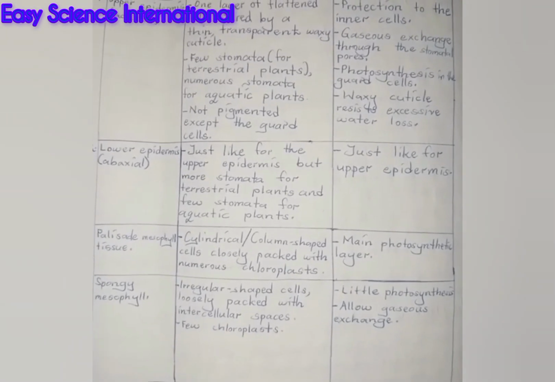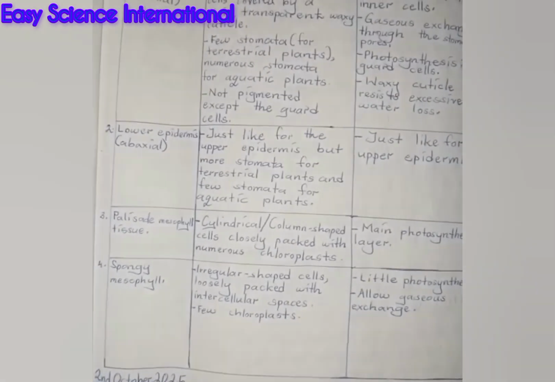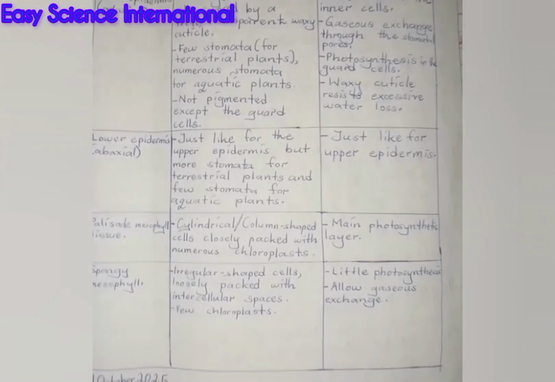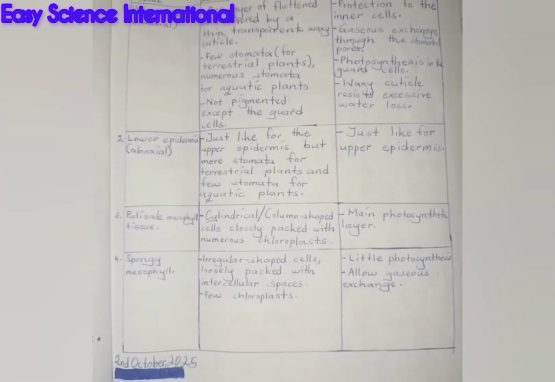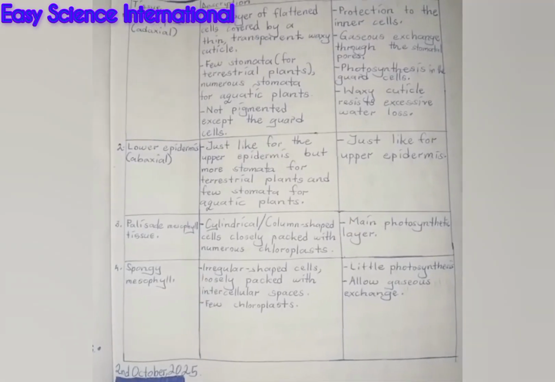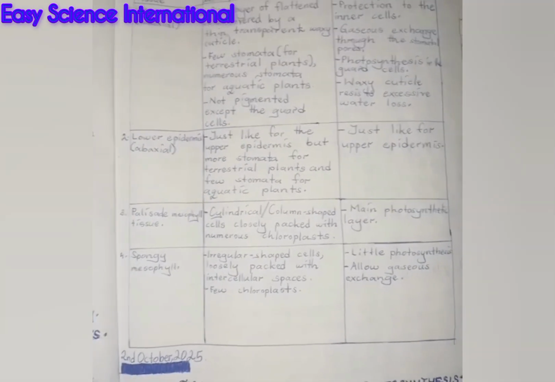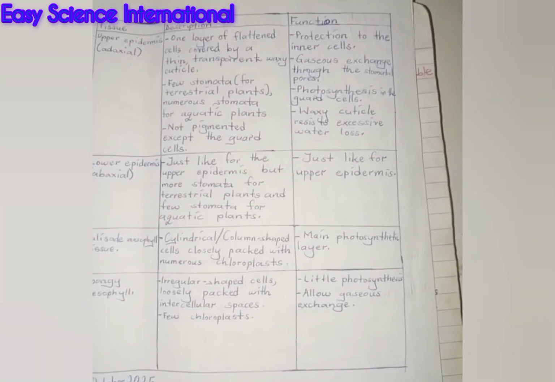Then numerous stomata for aquatic plants, because the upper epidermis of this leaf is basically exposed to air while the lower is submerged in water. It is not pigmented except for the guard cells.